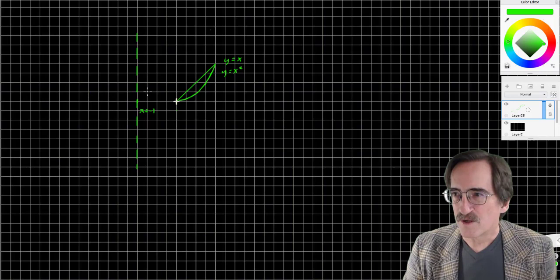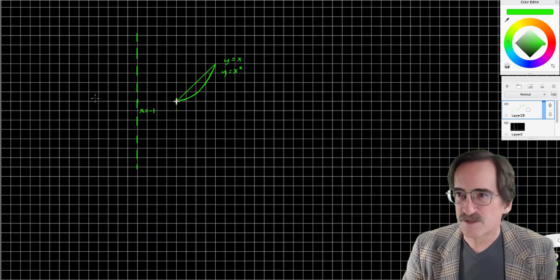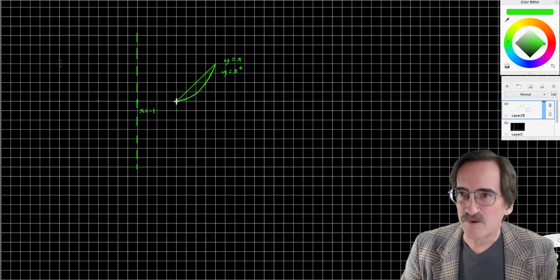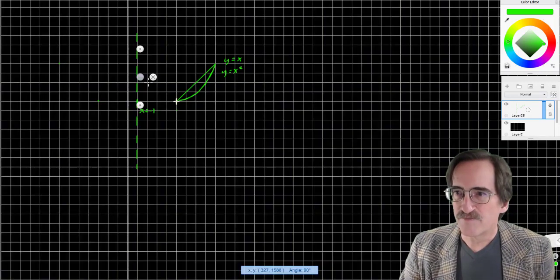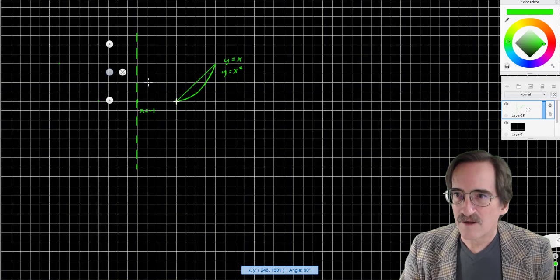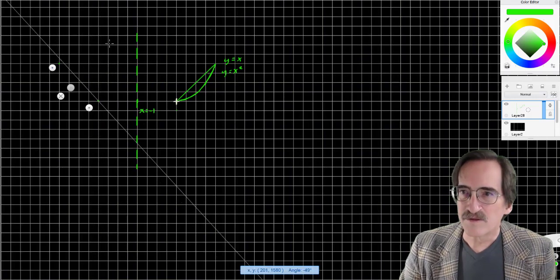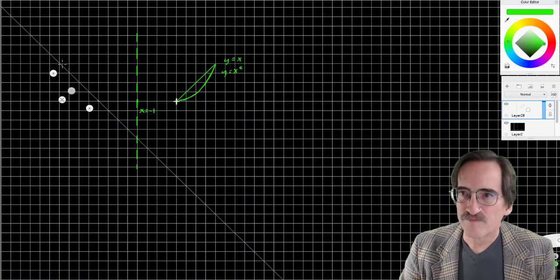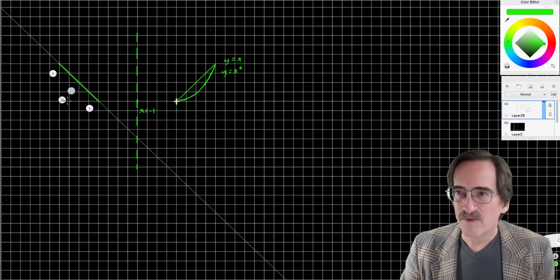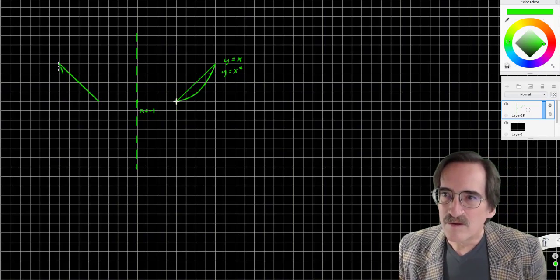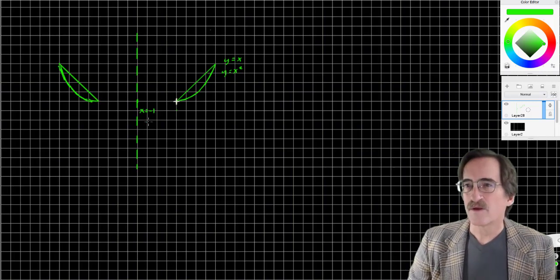Okay, well, we know it would mirror itself. There's horizontal symmetry here, and it would end up over here. Okay, so let's draw this line and the parabola.